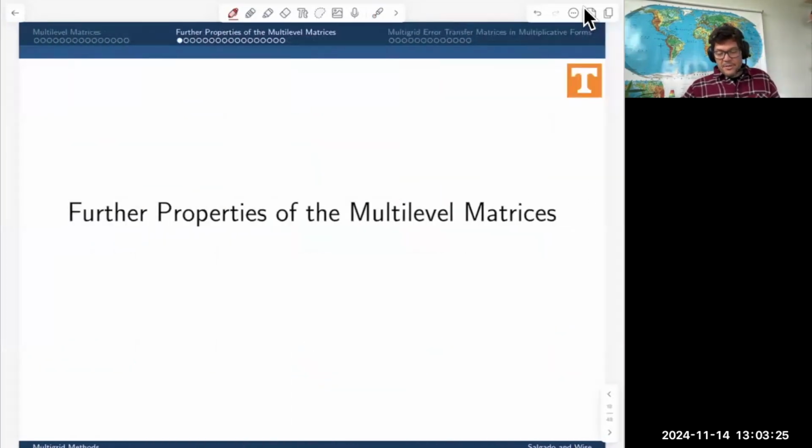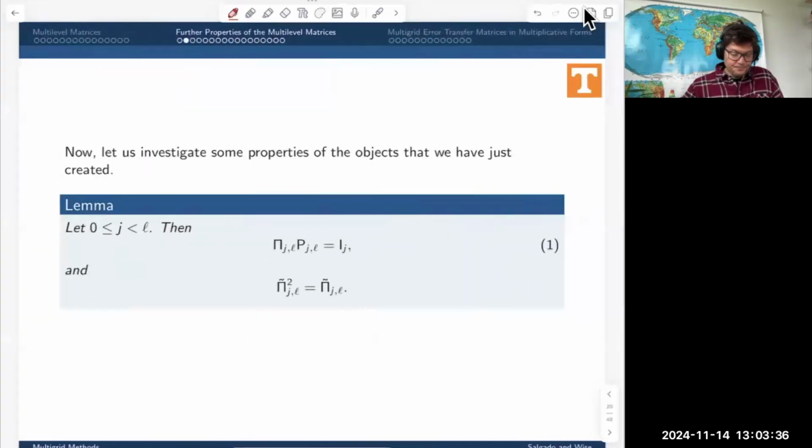Now let's talk about some properties of these multi-level matrices. This is going to help us figure out how we can rewrite our error transfer matrices as products of these new multi-level matrices.